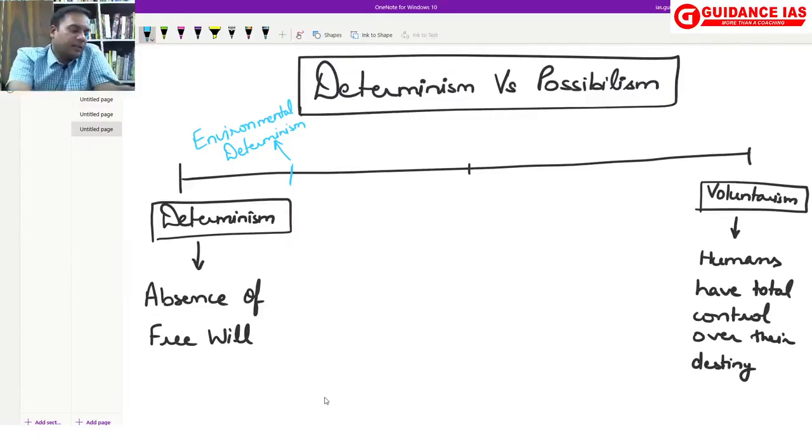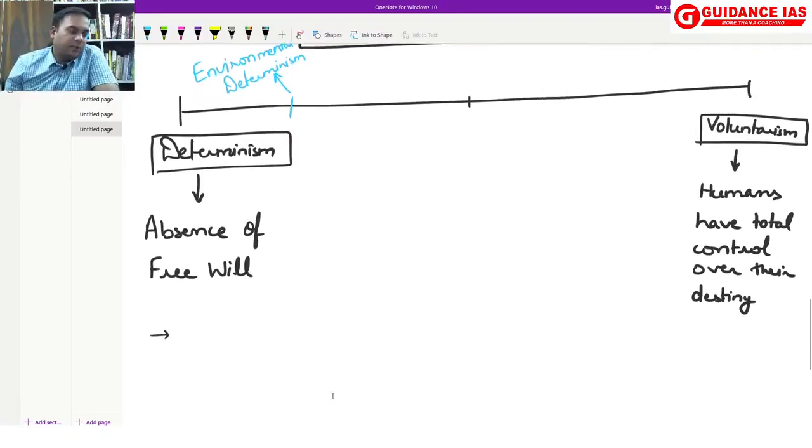ठीक है. Now if you talk about, I can even talk about other forms of determinism, like for example, tell me, can I say before there were other types of philosophies, like you can see that if you go in the past, there were philosophies like theocracy, which ultimately converted later on in the Renaissance as theology.